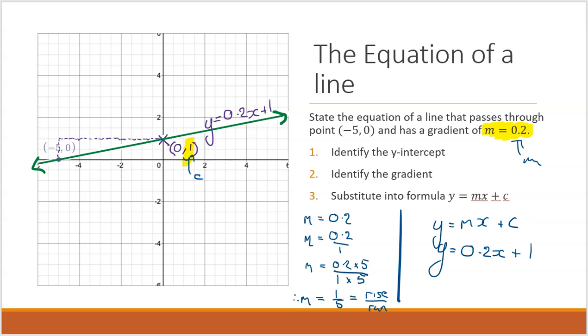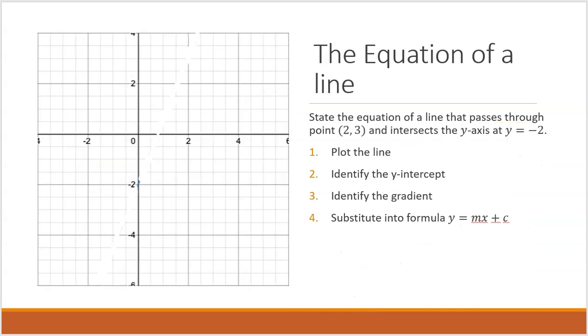Now consider a different example. We want to find the equation of a line that passes through point (2, 3) and intersects the y-axis at y equals -2. So once again, I'll find this ordered pair (2, 3) on the Cartesian plane.